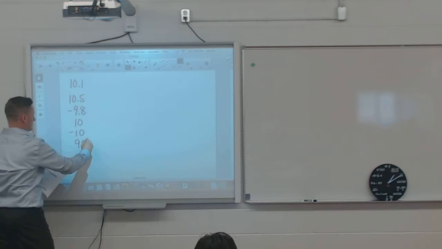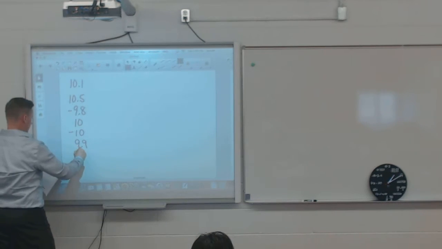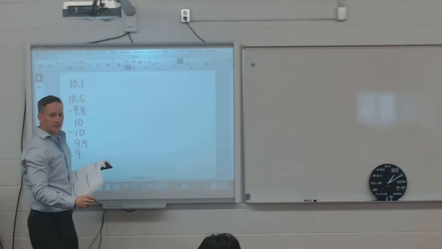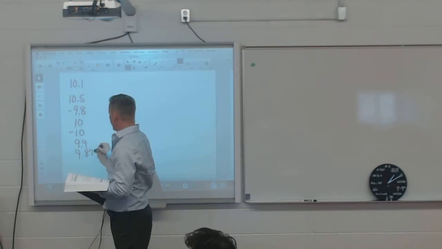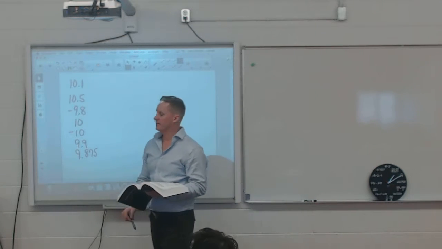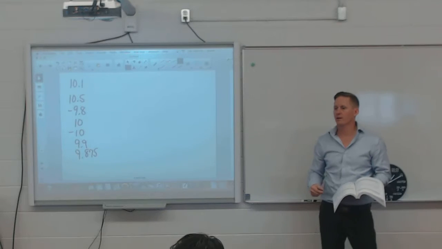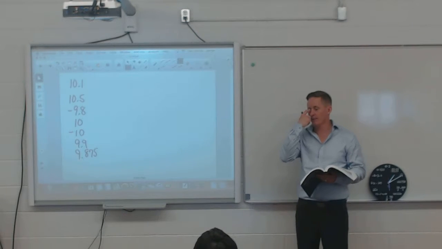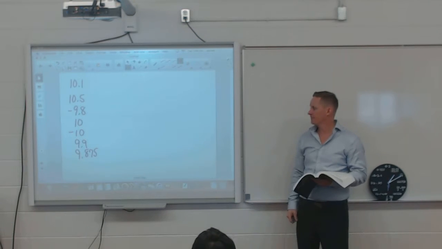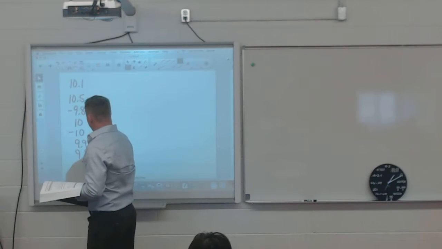Negative 9.9. The absolute value is 9.9. 9 and 7/8. What is 7/8 as a decimal? Anybody do that? 0.875. Yeah. Punch it in. This is one you should know, actually. 0.125, and then 0.25 and then 0.3. It goes up by 12 and a half. So yeah, that's right. And then the last value is minus 9.